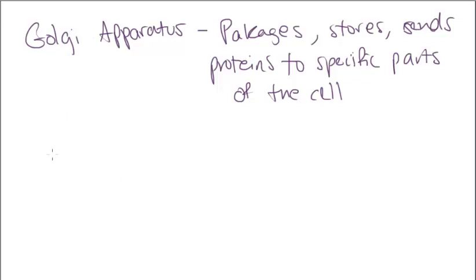So the next organelle that I want to talk about is the lysosome. The lysosome is a sac of hydrolytic or digestive enzymes that are enclosed by a single membrane, and it's the principal site, or the main site, of intracellular digestion.